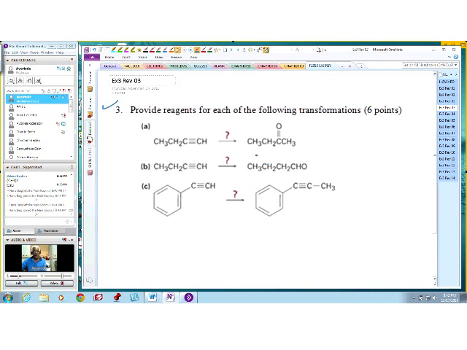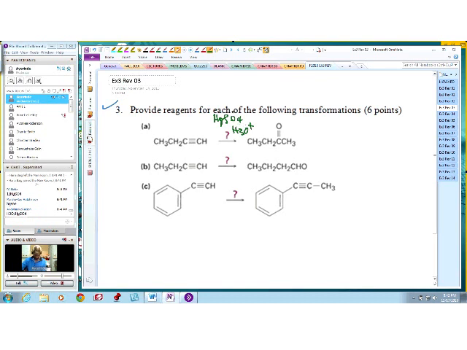Let us do A. What do they want us to do? Go from this terminal alkyne to a methyl ketone. What reagent do we need? I think we've done this already. Yes, very good. Mercury sulfate in the presence of dilute acid, could be sulfuric acid. Yes, that would be good.